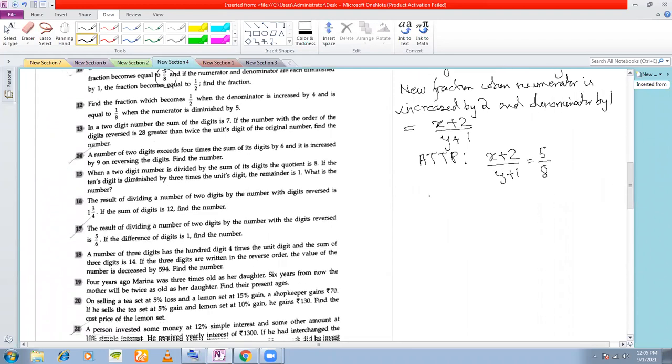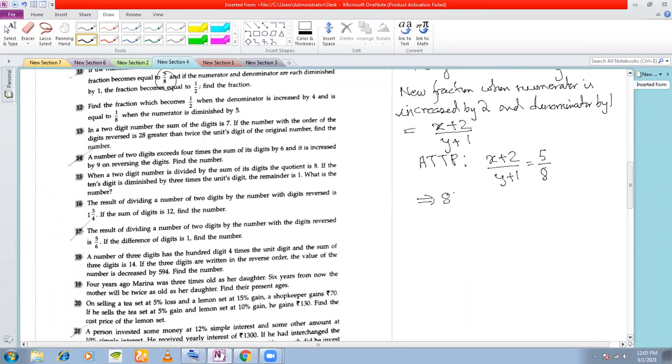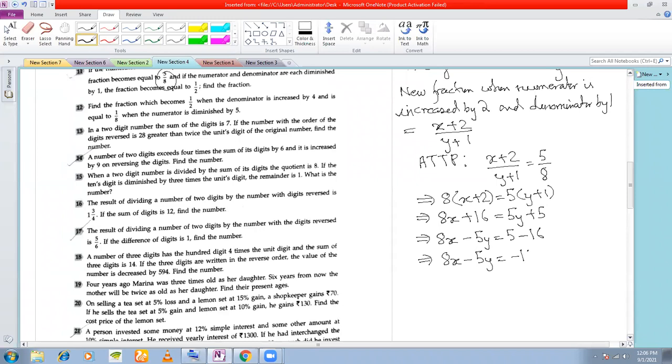Now you cross multiply, you will get the first equation. Minus 11. This is equation number 1.